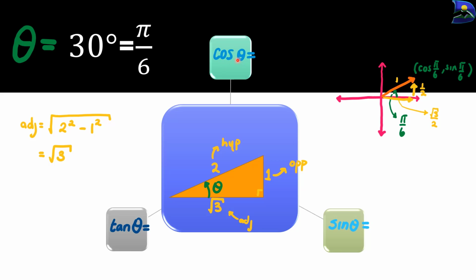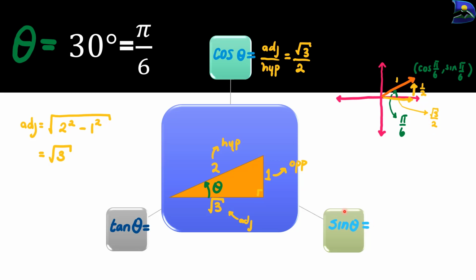This x coordinate for our angle pi over 6 is adjacent over hypotenuse, which is equal to root 3 over 2. This is indeed the same as what we have here for our x coordinate, root 3 over 2, which is amazing to figure out.